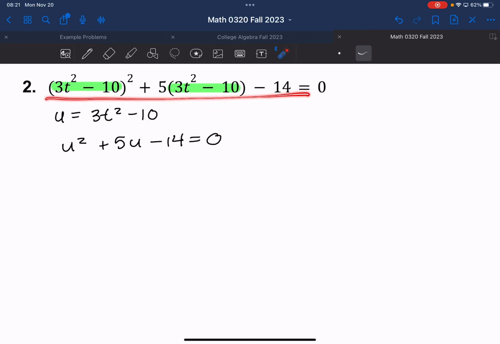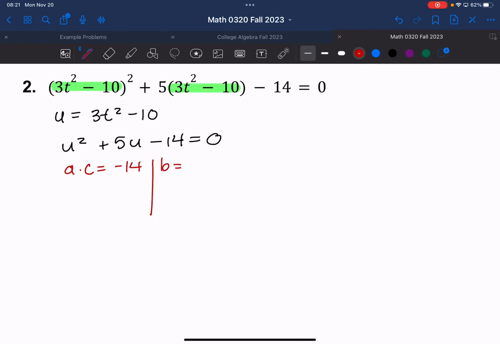Okay. So now we factor this in terms of u. And then we can plug it in and find our answer for t. Okay. So using that AC method, AC is equal to what? Negative 14, and our B value is 5.